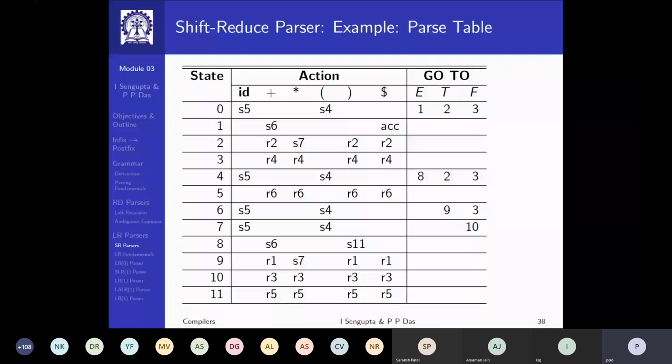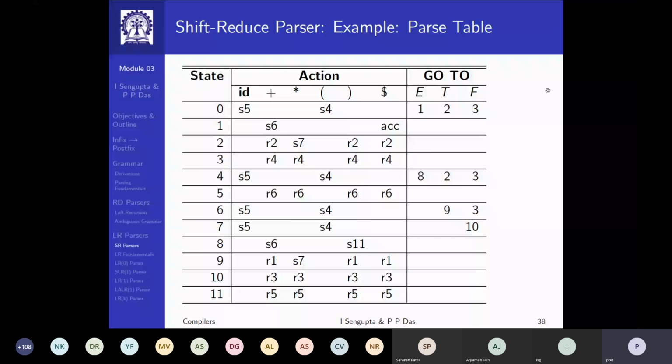So that does the reduction. The next question that remains is, well, I've taken an action, so what is the next state? In case of shift, the shift itself told me what the next state is. In this case, it does not. So getting the next state is a little bit more tricky, and that is where we use the goto function.